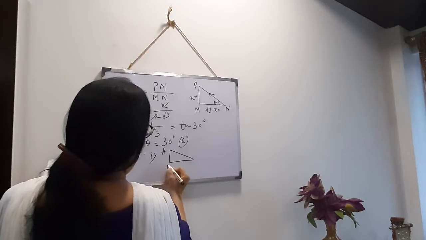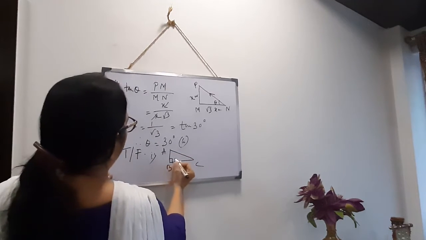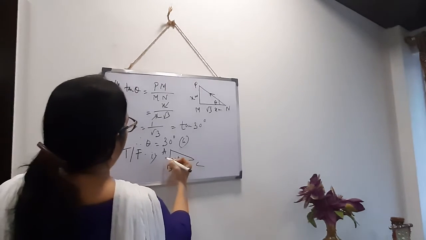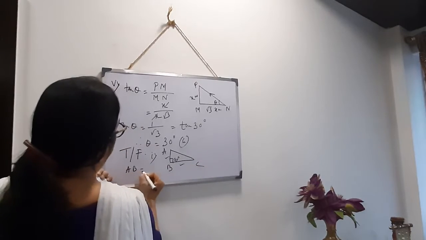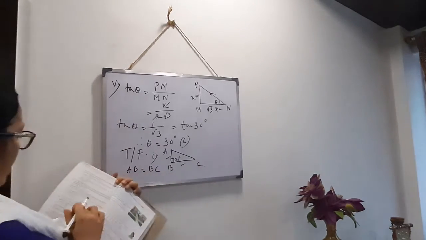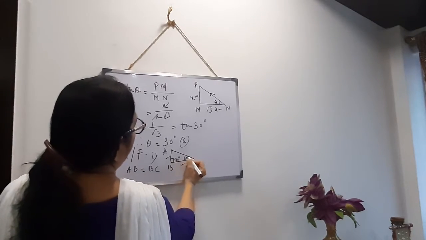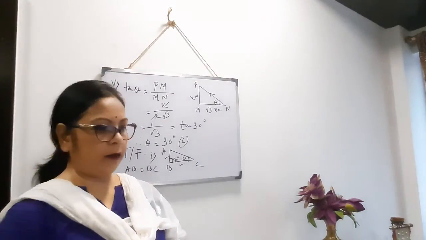Here A, B, C. Angle B is 90 degree. And it is told that AB equals BC. That means AB and BC are same. Then angle C, they have told that it is 60 degree. Clear? We have to verify whether it is correct or incorrect.